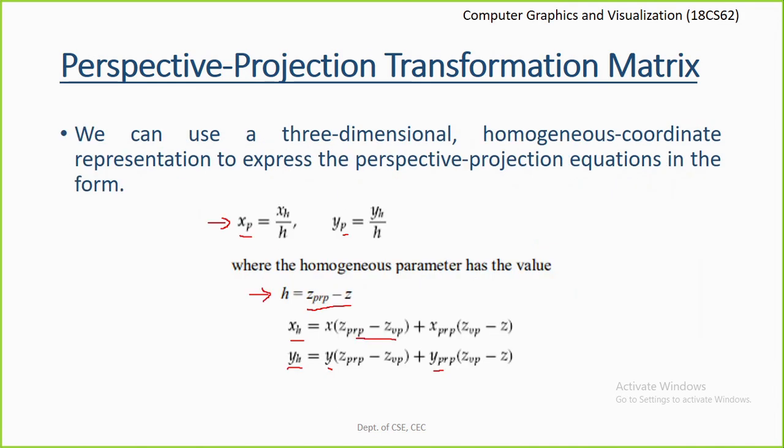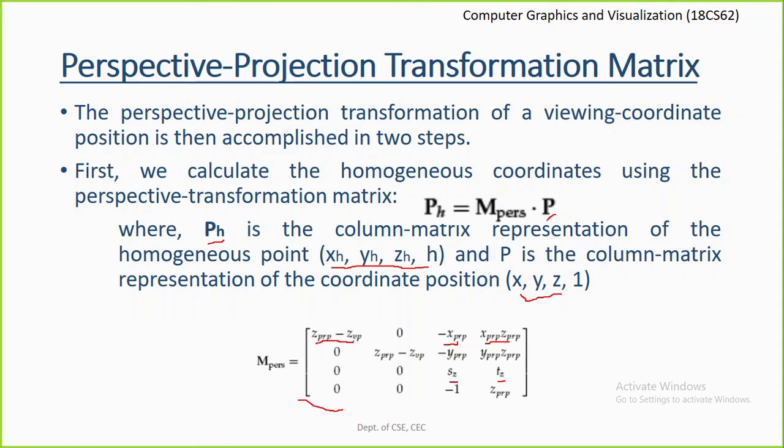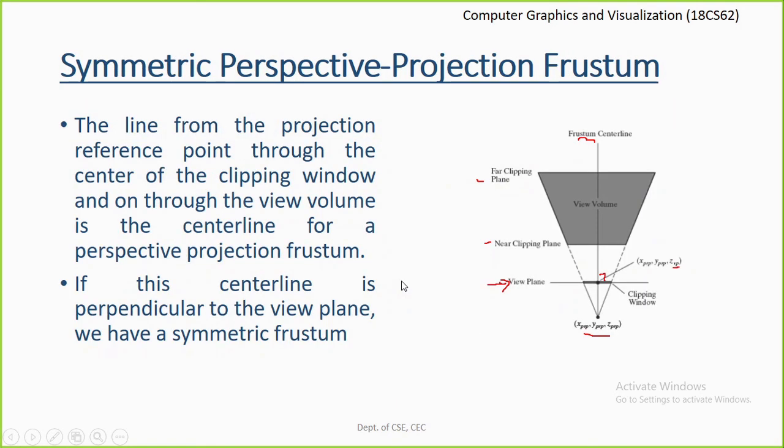Now we discussed a bunch of equations for calculating the values of xp and yp, and the homogeneous parameters xh and yh. We also discussed one transformation sequence for calculating the perspective matrix in case of perspective projection, and we looked into what we mean by a symmetric perspective projection frustum.